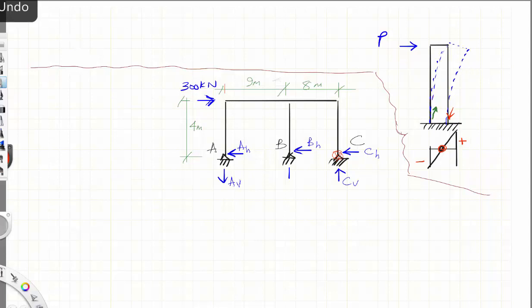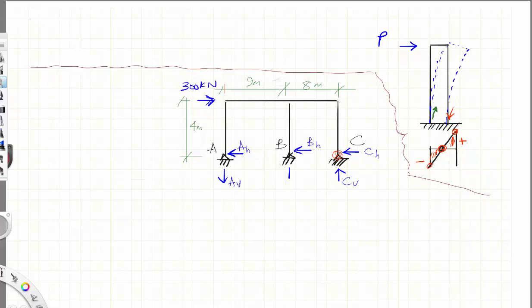If you look at the stress distribution here, you see it gets to the maximum compression here and maximum tension here. As it changes from maximum compression to maximum tension, it has to pass through a 0, meaning that in the middle the stress is equal to 0. So we'll use that as an assumption.